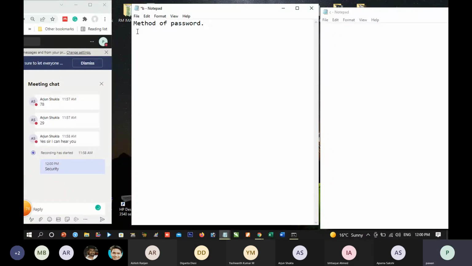So for example, there are users and their passwords. Suppose the user is Anil. His password is 17. Tipu.